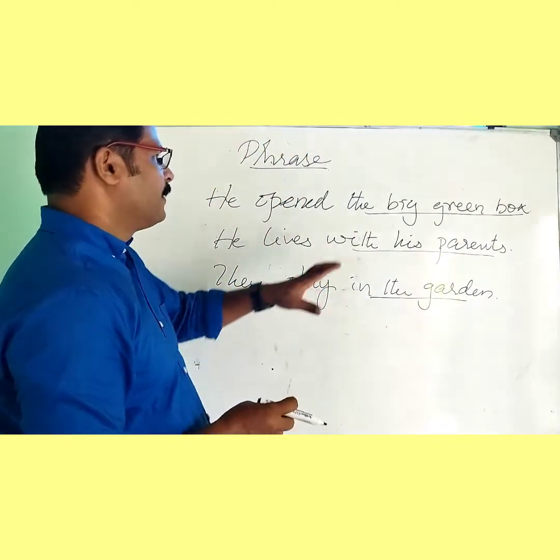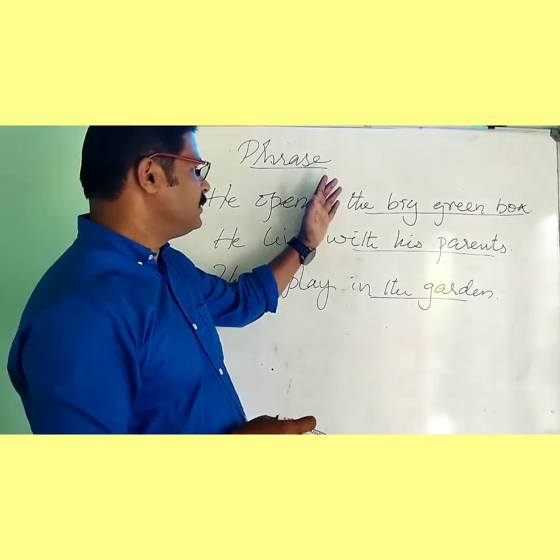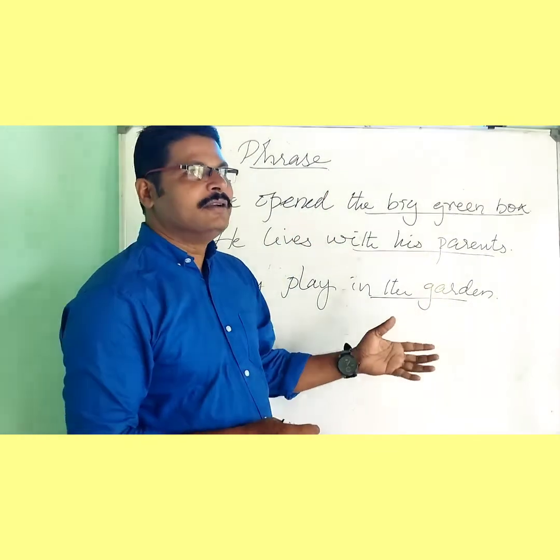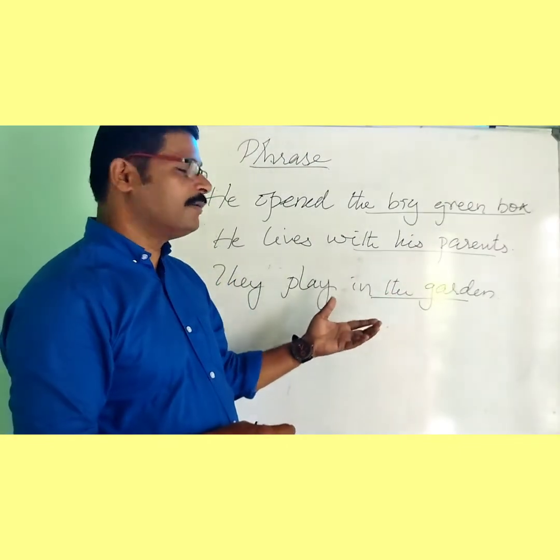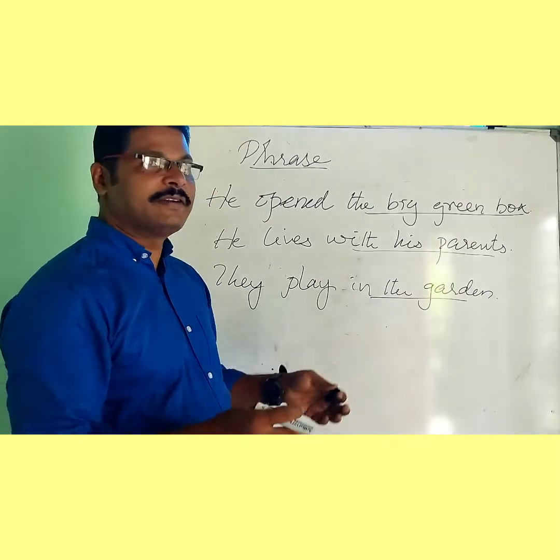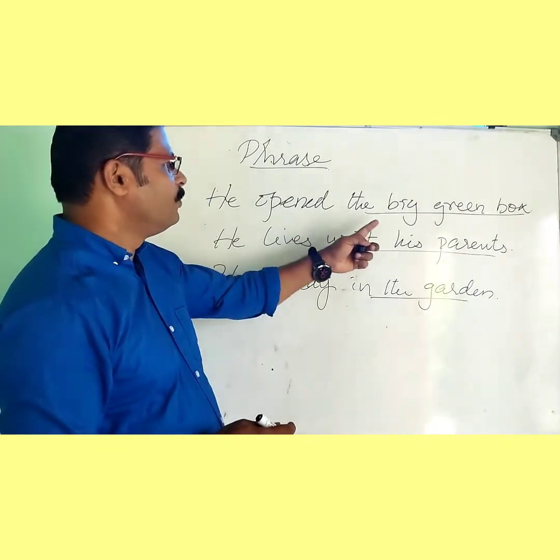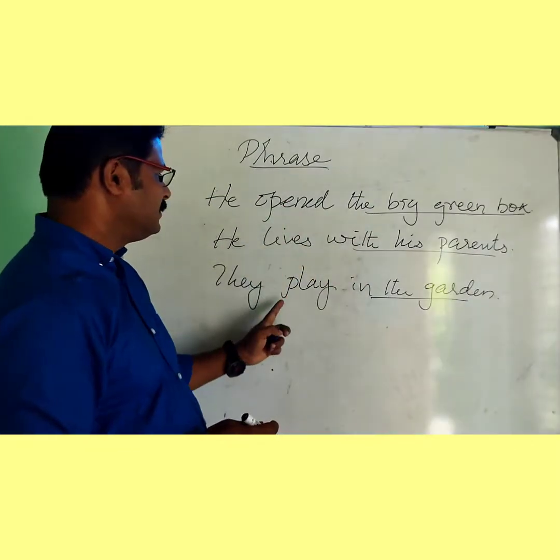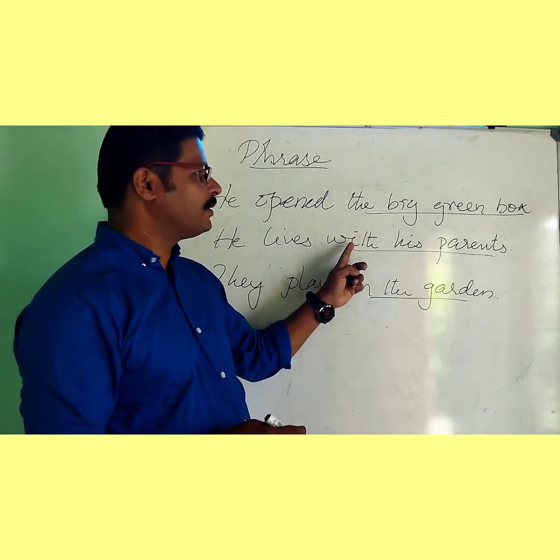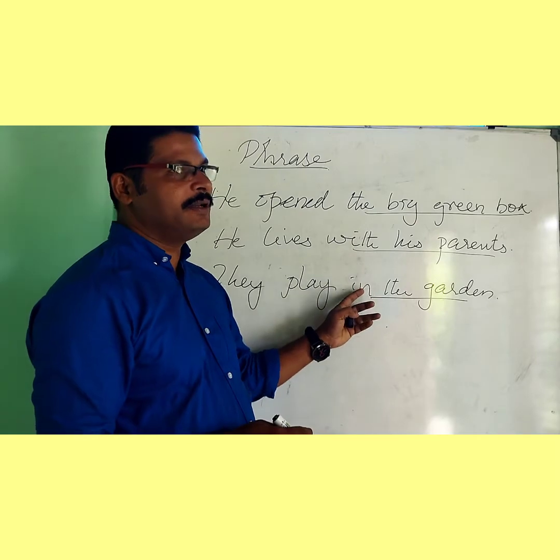So some word combinations are with a preposition, some are with nouns, some are adverbs, some are adjectives. We shall see the different kinds of phrases. But see, the groups of words underlined in these three sentences are phrases because they do not have a subject-verb combination in them.